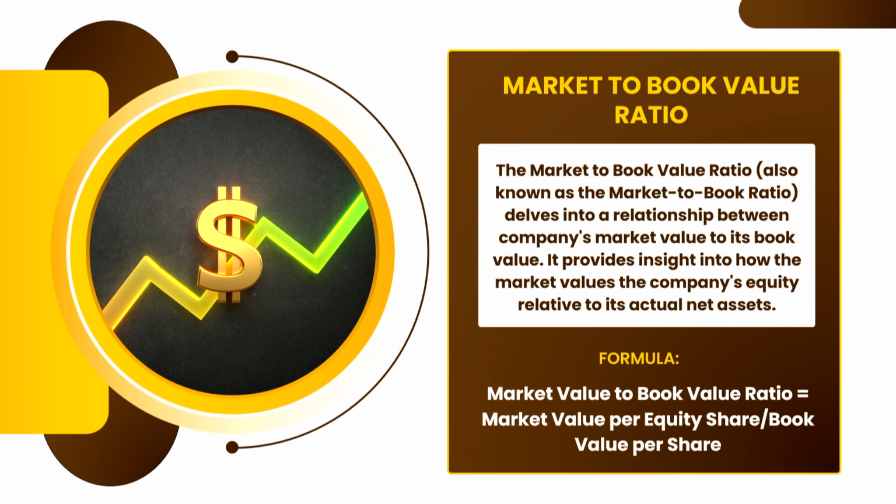But on the other hand, it may so happen that another class of investor may read it otherwise. So, when we relate market price per equity share and book value per equity share, we can have distorted conclusions.